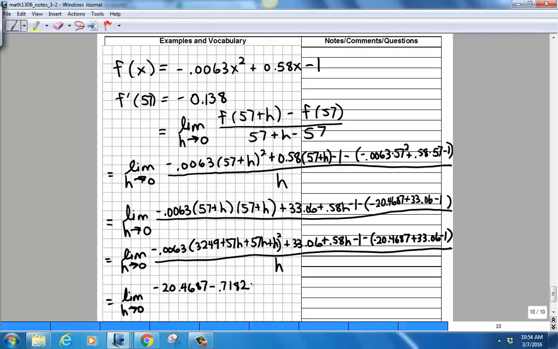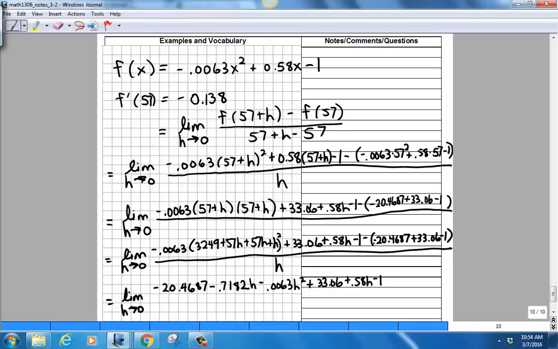So minus 0.7182 times h, and then you have the minus 0.0063 times h squared. All right, so down to that, and now let's keep all these other values. So plus 33.06. And then plus 0.58 times h, and then minus 1.